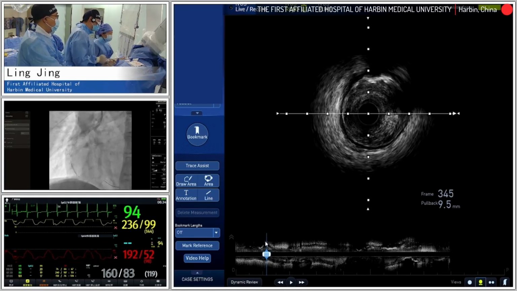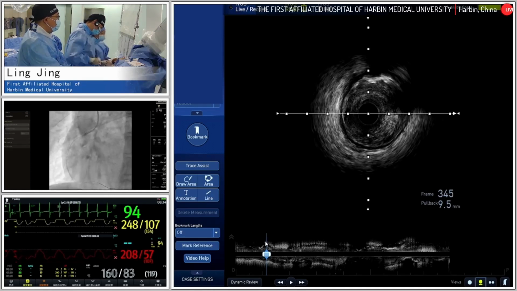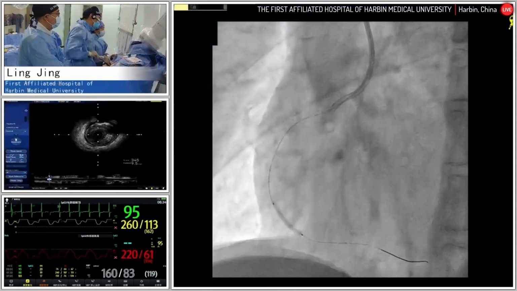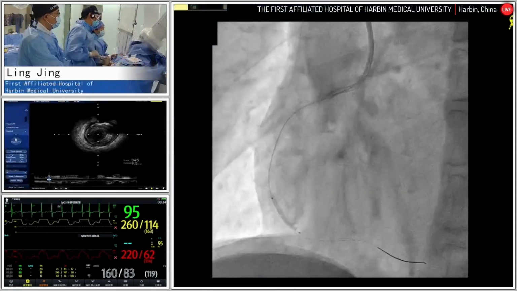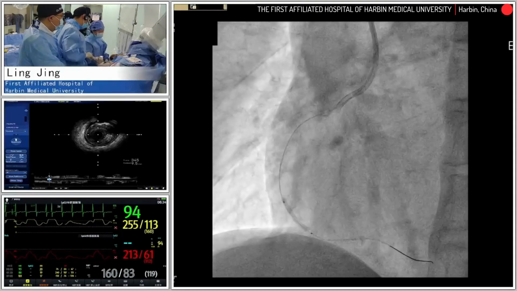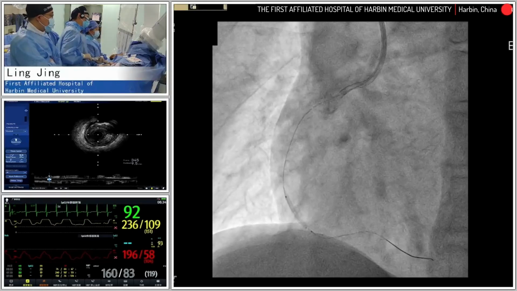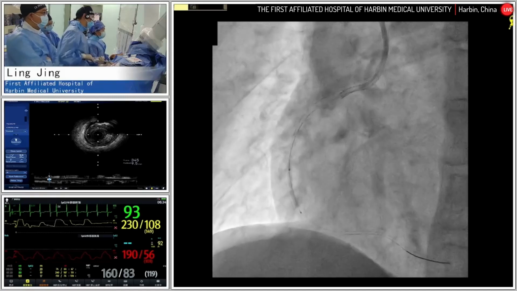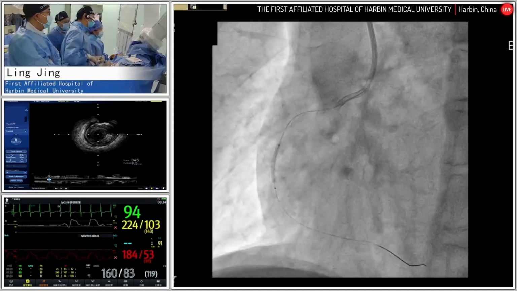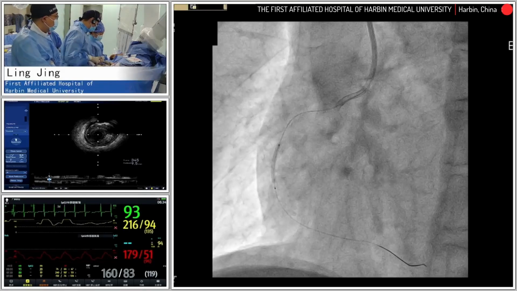So I do not think rotablation is a very good choice for this patient. Rotablation is a potential choice for plaque modification, but it's not our first initial choice. If we could use a balloon to pass through the lesion and make some good modification, then maybe we do not use rotablation as our first choice.